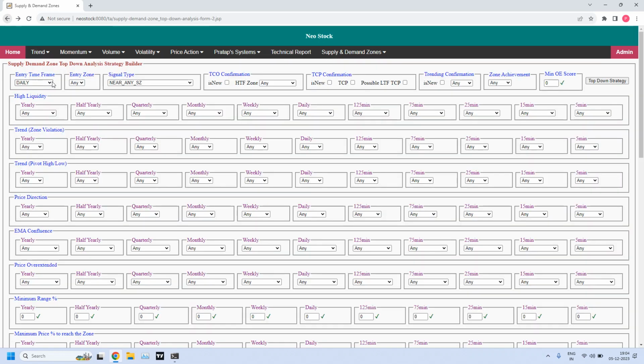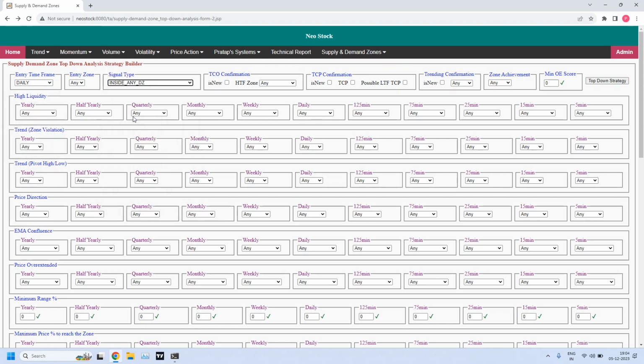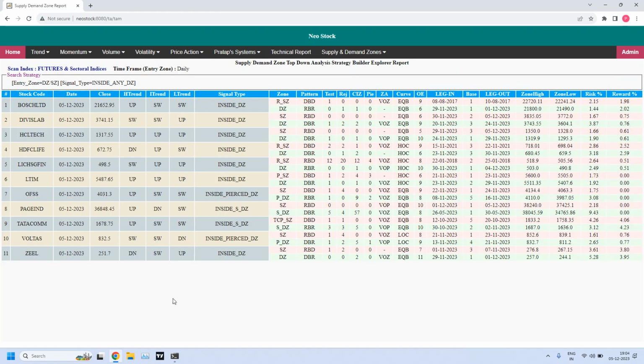Let's go back. Entry time frame is daily. Let us find the stocks where price closed inside daily demand zone. So these 11 stocks are filtered where price closed inside the daily demand zone. If you want to study, just pause the video and study, because I have to keep on moving very quickly.